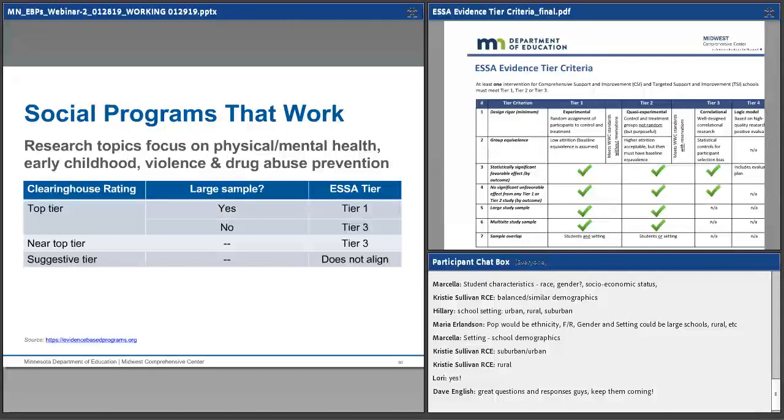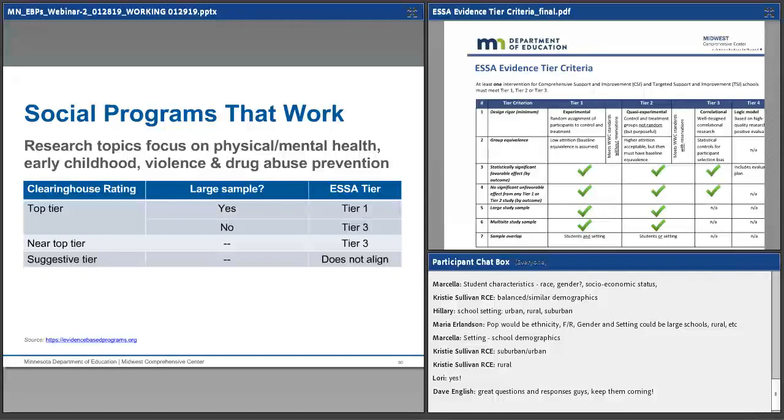And then we're going to show you what information you need to look for in order to map the rating of the clearinghouse to the ESSA tier. So in other words, if you find a study in this particular clearinghouse that has a top tier rating, then you are going to need to look for the sample size in the study.